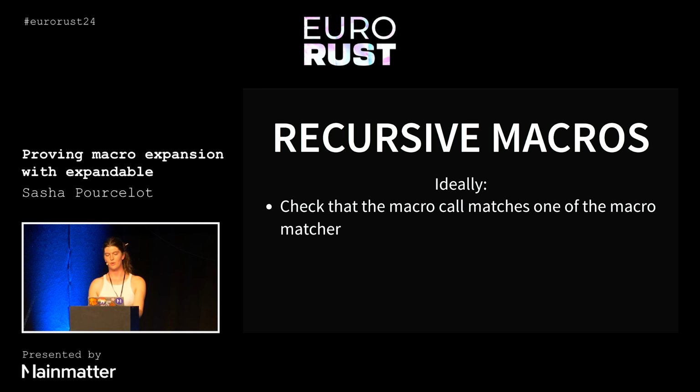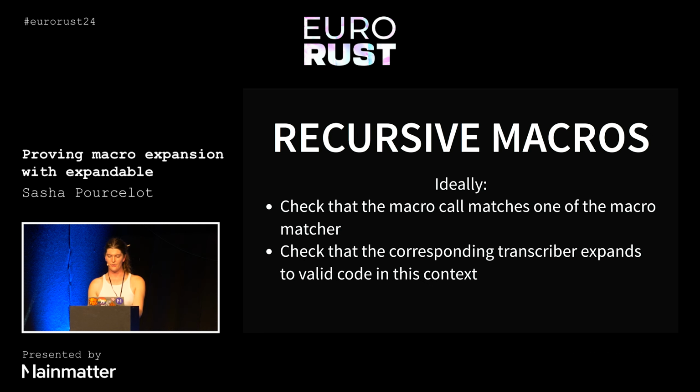But ideally, we want to check that the macro call in the transcriber matches at least one of the macro matchers, and eventually to check that the corresponding transcriber expands to a specific kind of syntax node that is valid in this context. For instance, we want to trigger an error if we are calling a macro that expands to a pattern if it is called in an expression position.